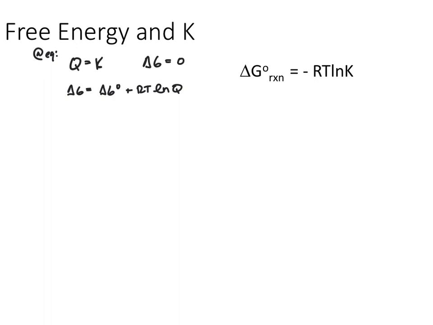Our Q and our K, because they are equal, give us RT ln K. Our delta G is equal to 0, and our G naught is still hanging out. If we manipulate this equation by bringing RT ln K to the other side, we end up with delta G naught equal to negative RT ln K.